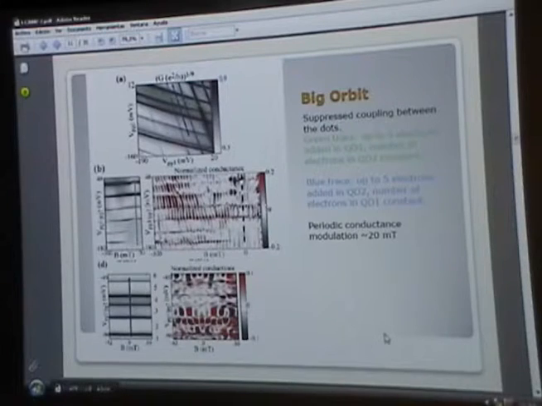That's the reason that you have these two periods, 20 and 40 millitesla. The big orbit can be seen here also. But in this picture you have the conductance, actually the ninth root of the conductance, in terms of the plunger gates 1 and 2.